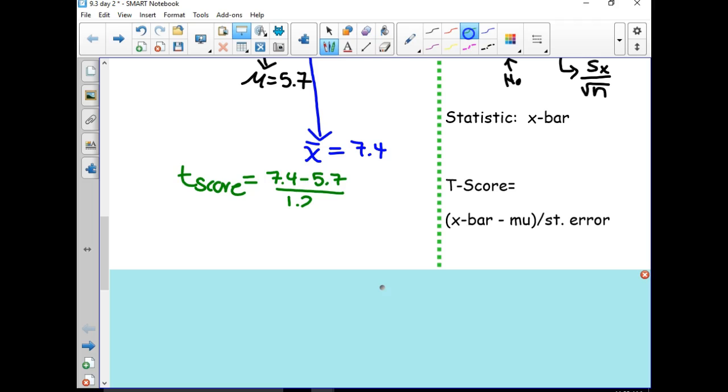What was my standard error? 1.29, thank you. Be careful how you type this in your calculator, you guys. Make sure that you do the numerator first, hit enter, and then divide by the denominator, or use parentheses. So I got a t-score of 1.32. Can you guys confirm that? Okay, 1.32.